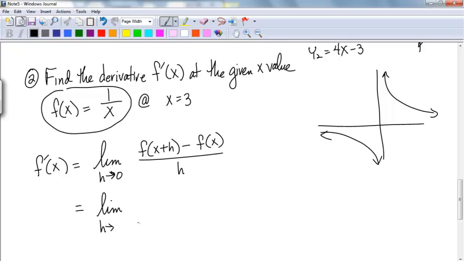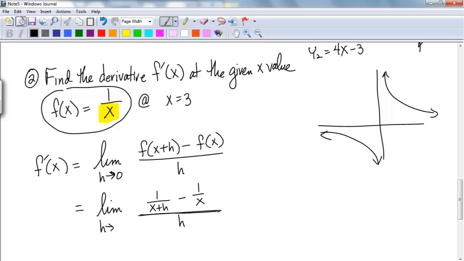Everywhere you see an x in your original, you're going to substitute in an x plus h. So we're just going to have 1 over x plus h minus, and then you subtract the original. It's not a polynomial, so I can just subtract it, 1 over x. And you've got a complex fraction, it's all over h.